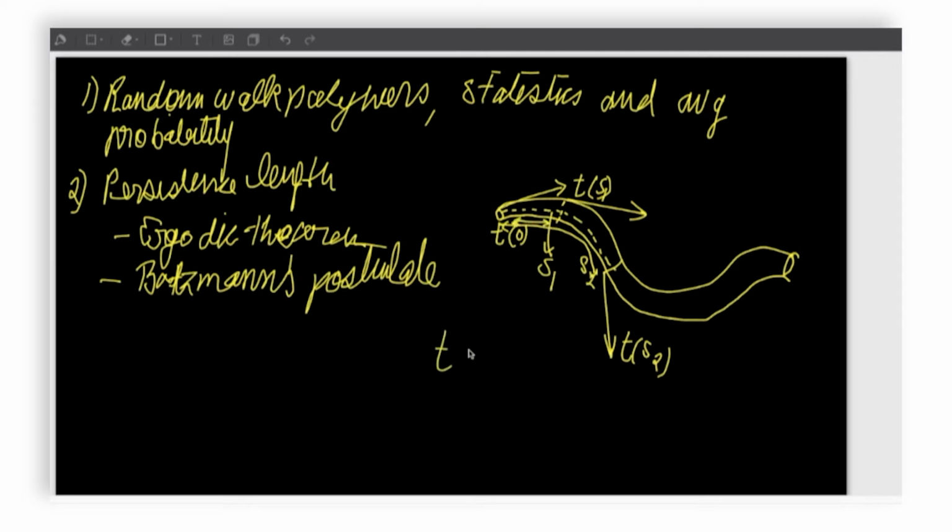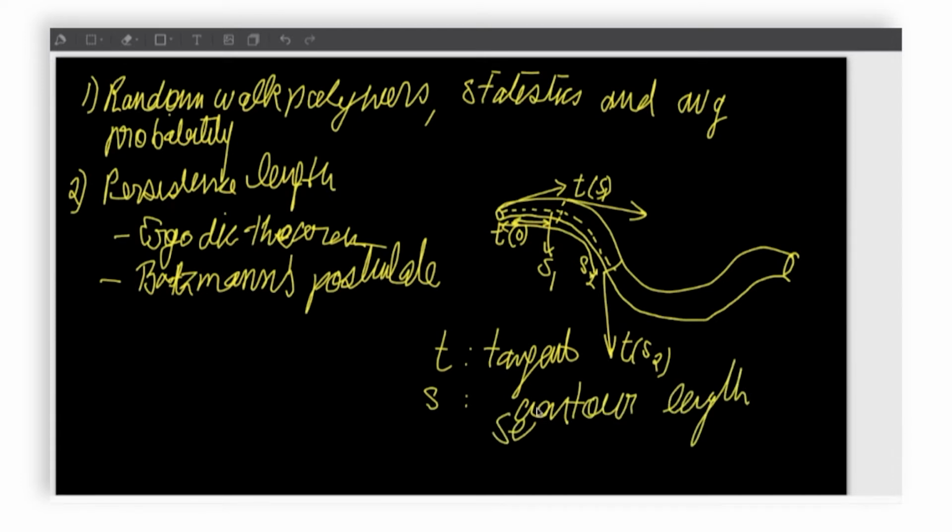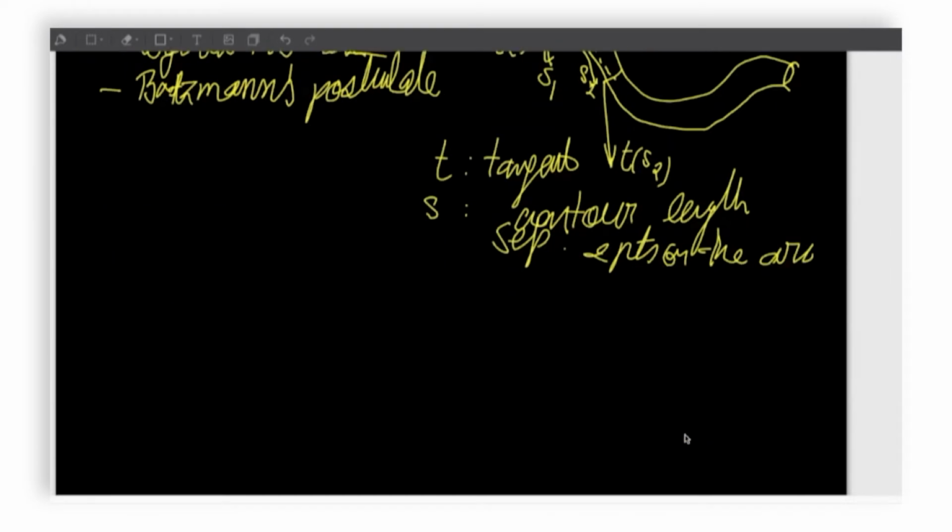So we define t as the tangent and s as the contour distance or contour length separating two points on an arc. This arc is nothing but the one that defines the polymer.